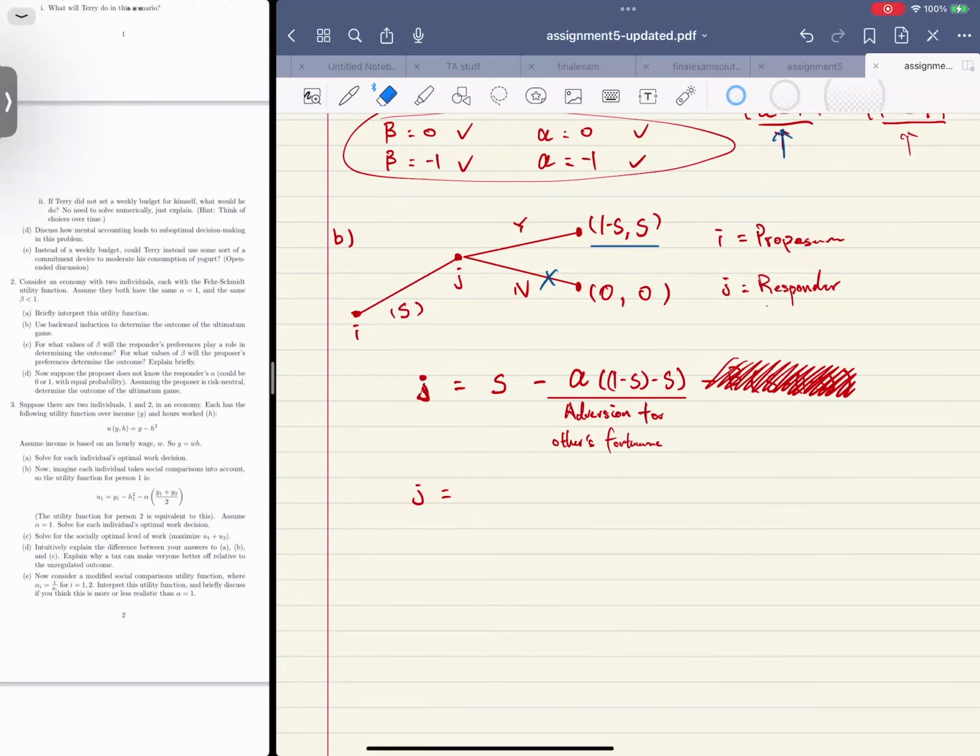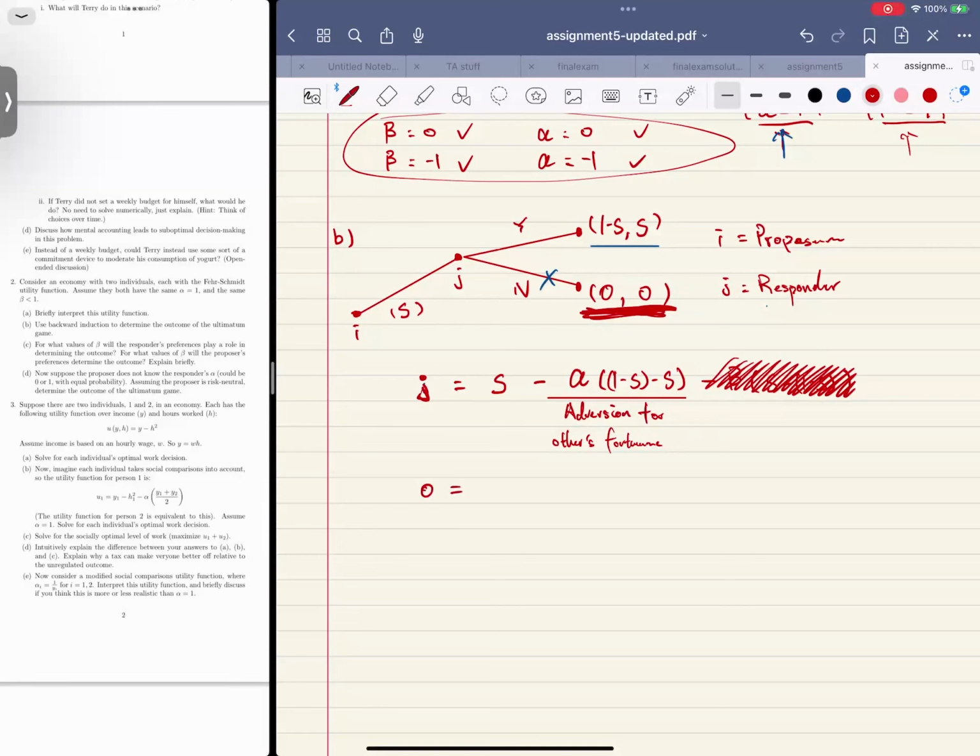Under what scenario will J say yes rather than no? If the share that he receives is greater than his minimum, greater than 0, right? Because if it's less than 0, then J will just say no. It has to be greater than 0.